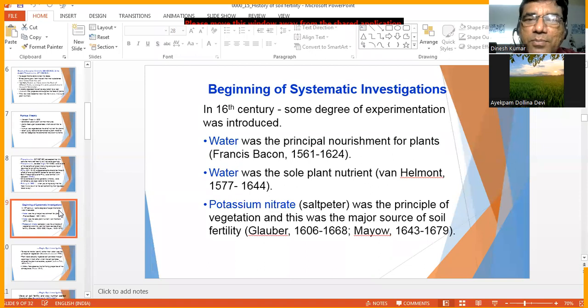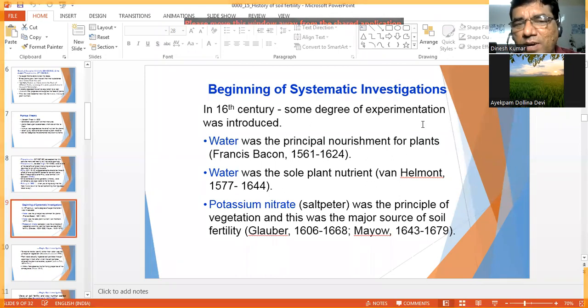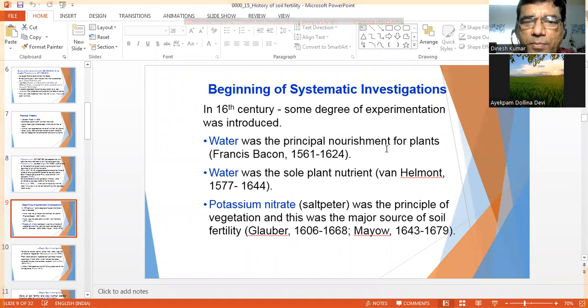And then the beginning of systematic investigation happened in the area of soil fertility and nutrient management. In the 16th century, some degree of experimentation was conducted. So water was the principal nourishment for plants.